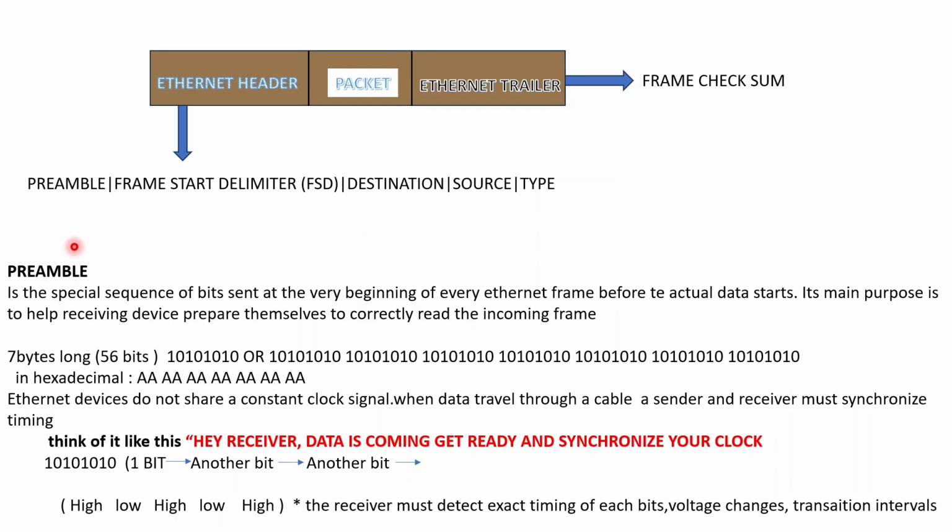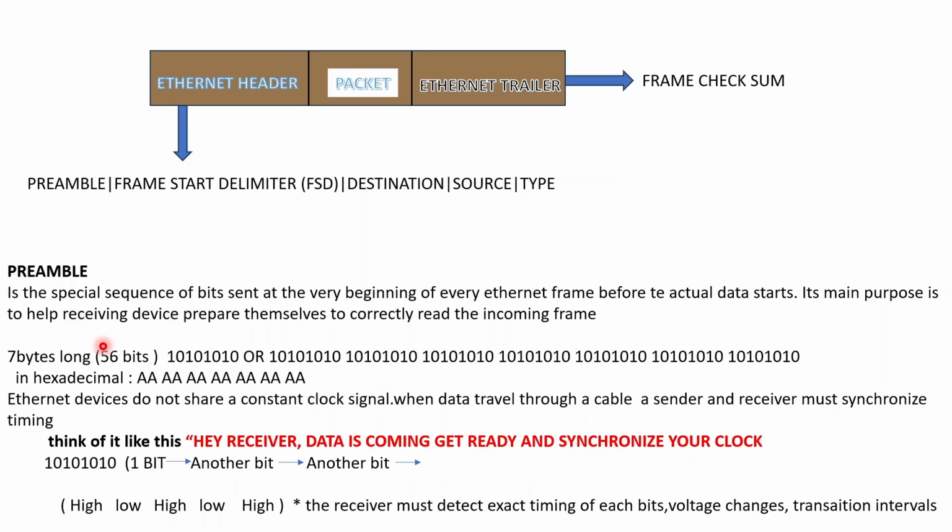Okay, now let me start explaining what is preamble. A preamble is a special sequence of bits ambazo zinakuwa transmitted kwa mara ya kwanza katika Ethernet frame before the actual data kuwa transmitted. The main purpose ya preamble ni kumwambia receiver ajiandae na kusynchronize muda wake kuweza kureceive hiyo frame.